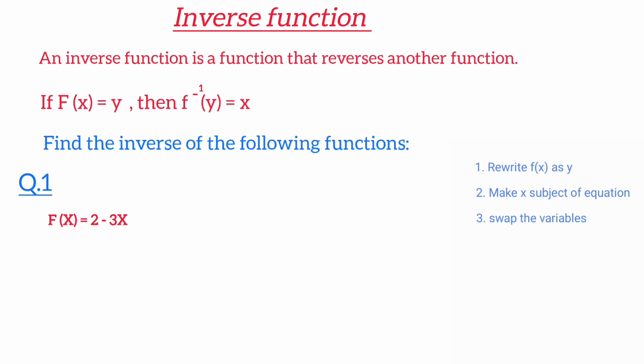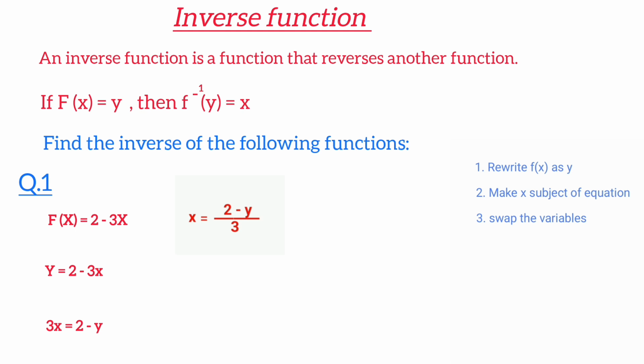So this becomes y is equal to 2 minus 3x. Now, making x the subject of the equation, we have 3x is equal to 2 minus y. Dividing both sides by 3, we have x is equal to (2 minus y) over 3.